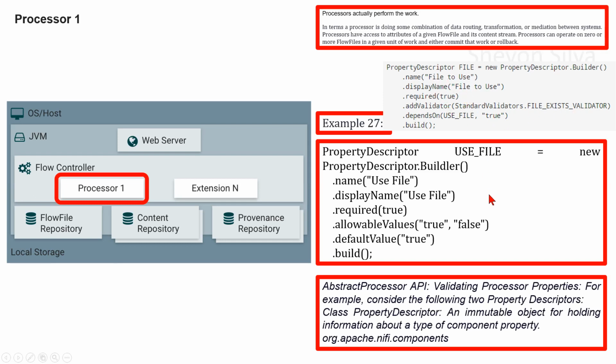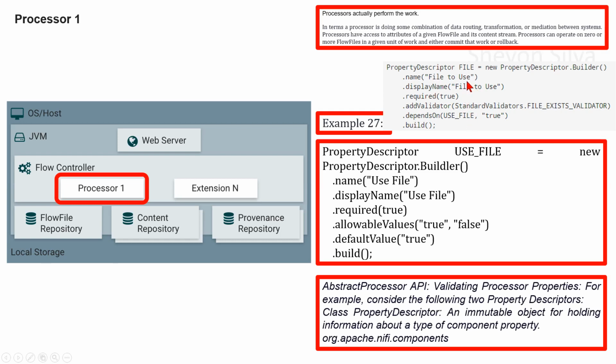However, if the use file property is set to false, then the file to use property is said to have a dependency that is not satisfied.